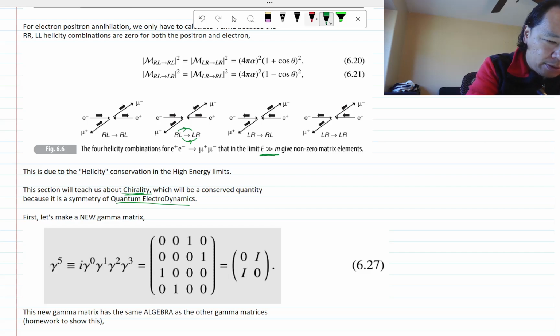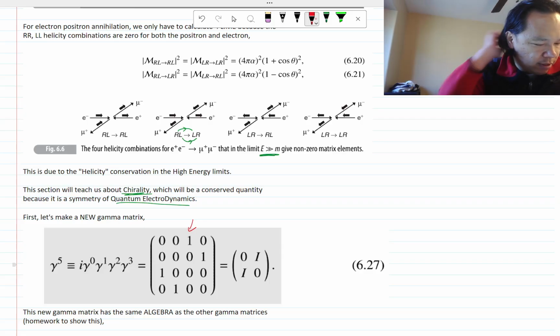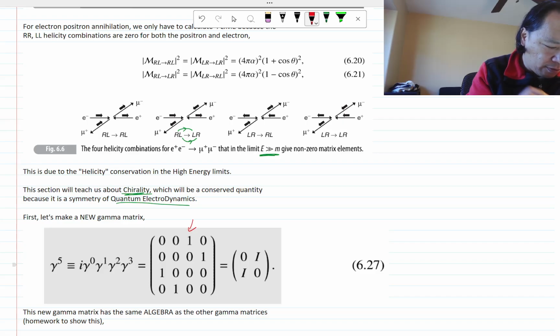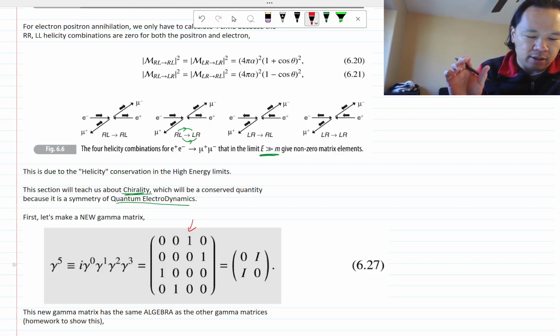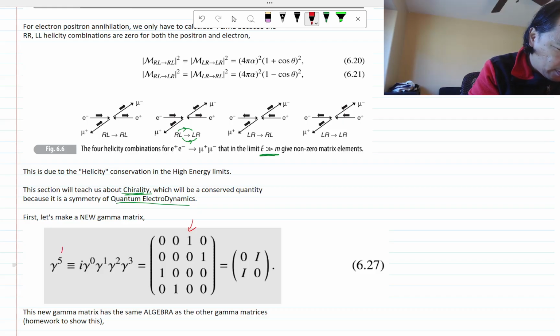Okay, so what we're going to do is start off by making up a new gamma matrix. Having 4 of them is not enough, so let's have a 5th one. We skip gamma 4 because that would be confusing, since you'd wonder whether it's the spinor index or the Lorentz index. So we use gamma 5, just to make it a little bit different from gamma 0, 1, 2, 3.